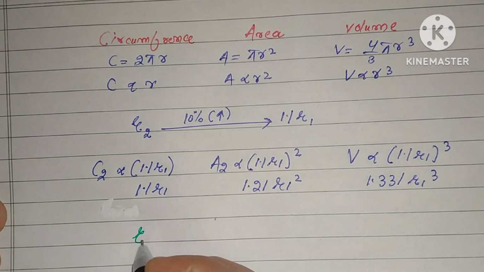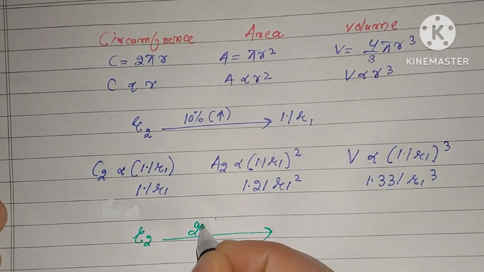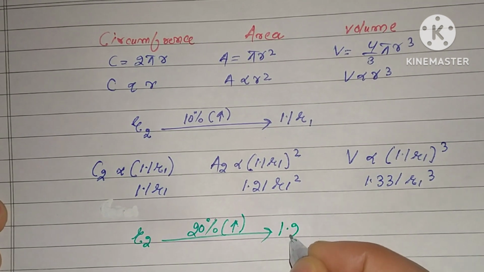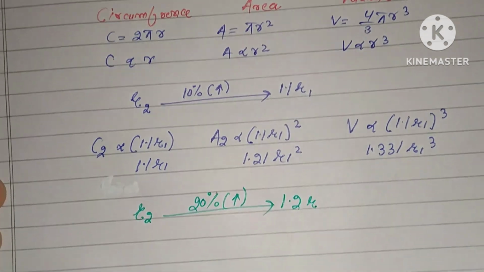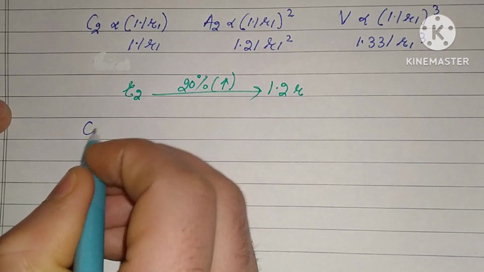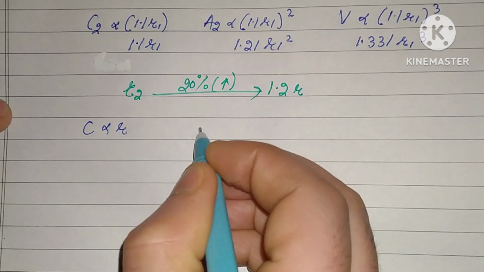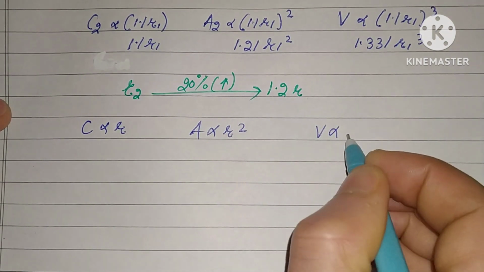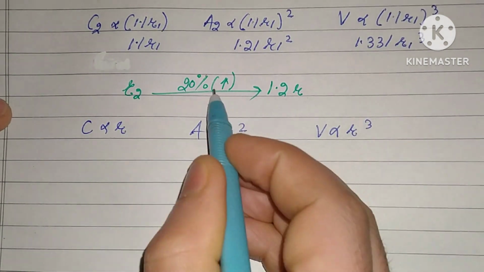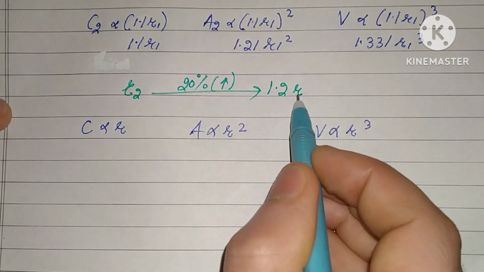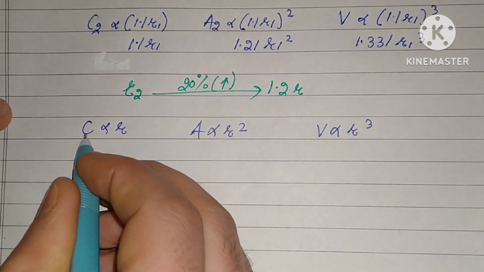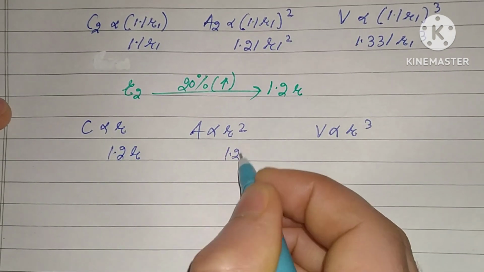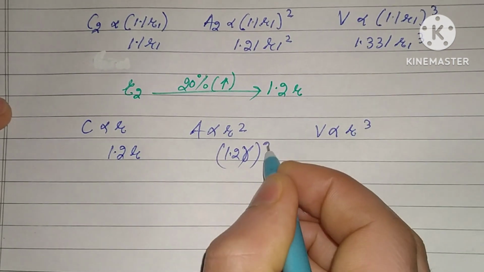Now if radius increases by 20%, the new radius will be 1.2 times original radius. Here circumference is directly proportional to radius, area is directly proportional to radius square, and volume is directly proportional to radius cube.